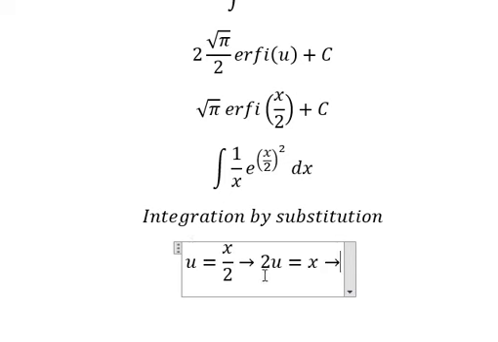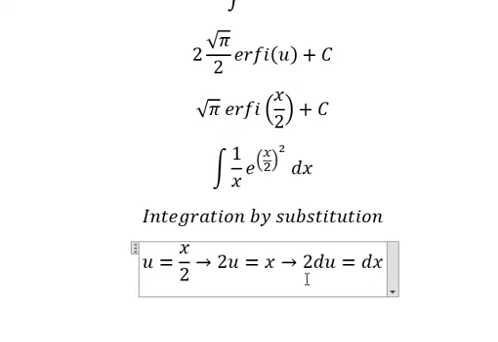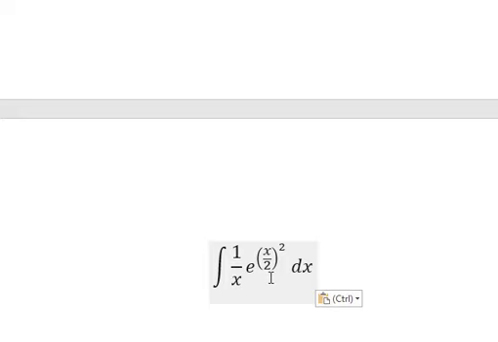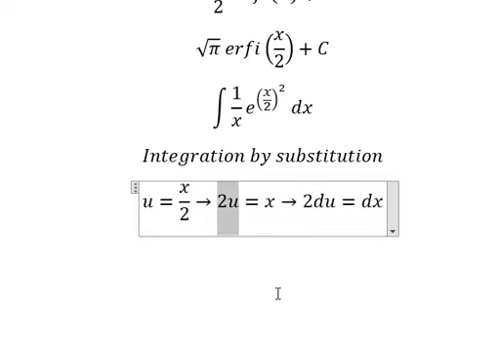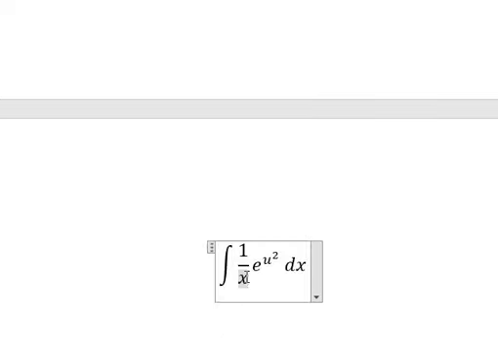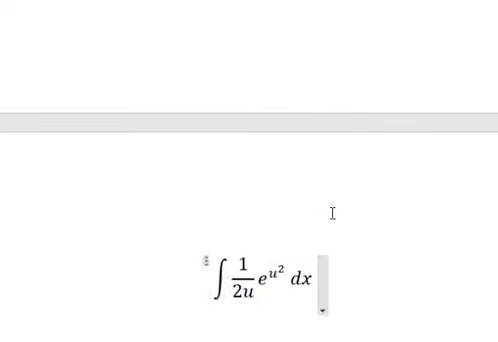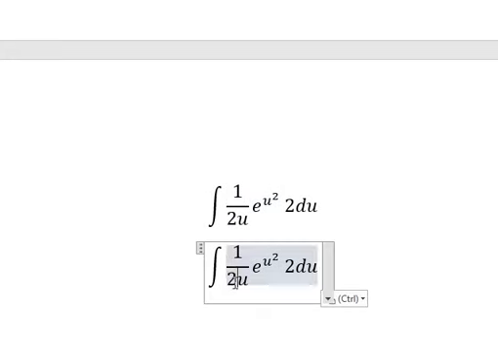Next, we need to take the first derivative of both sides, and we have like this. This one we change to u. The s is this one. The s is this one. So 2 and 2 we cancel.